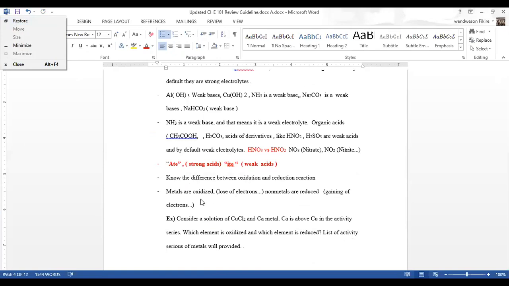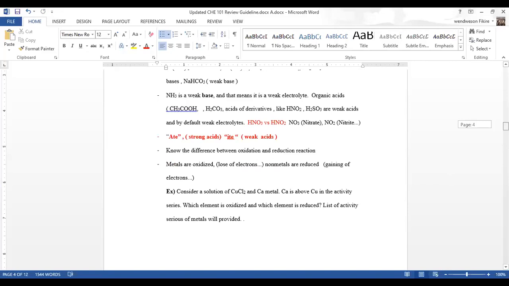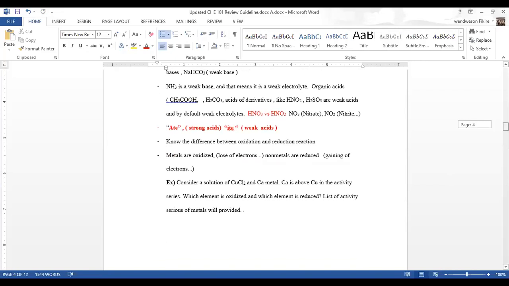Oxidation and reduction. Oxidation is always related with the loss of electrons, and reduction is always related with the gain of electrons. So traditionally, we can say that metals are oxidized, meaning metals are always related with the process of losing electrons, whereas non-metals are reduced, which means non-metals are gaining electrons.